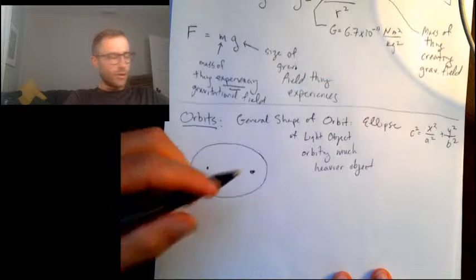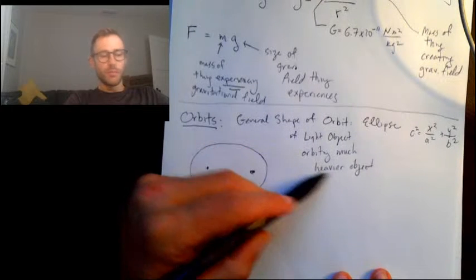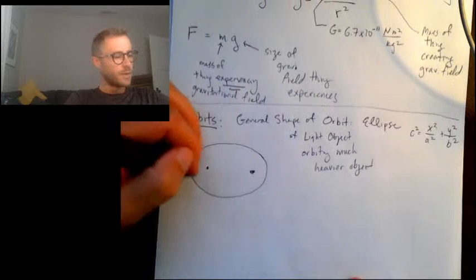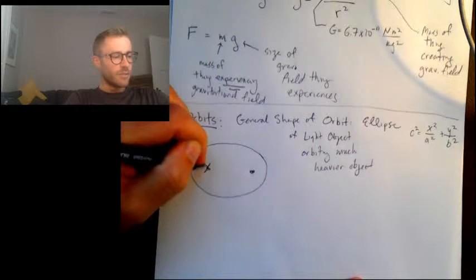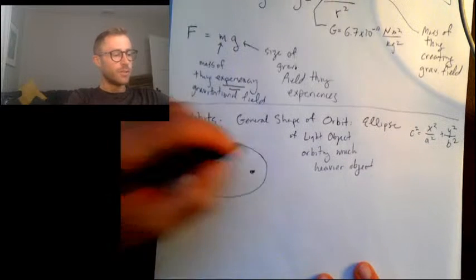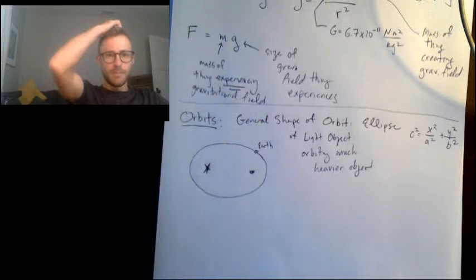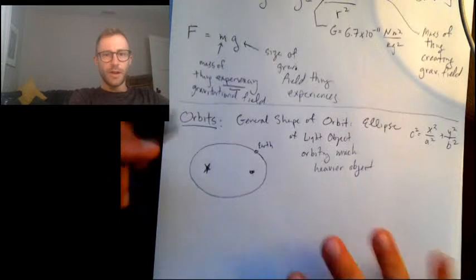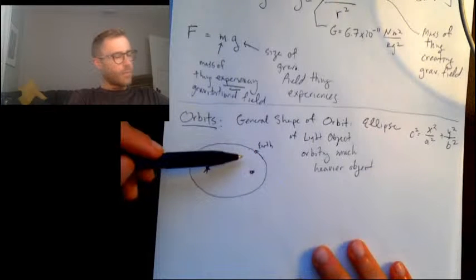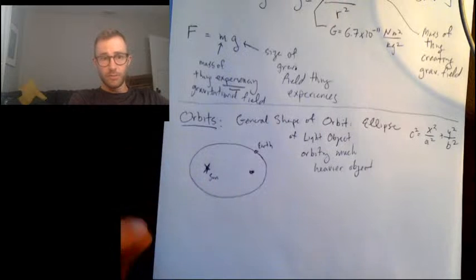Okay, so in this case, because there's a much heavier object, the much heavier object doesn't really move at all. And it turns out that much heavier object will be in one of the foci of the ellipse. So for example, if this is the Earth in its orbit, then the sun is not in the middle of the orbit.